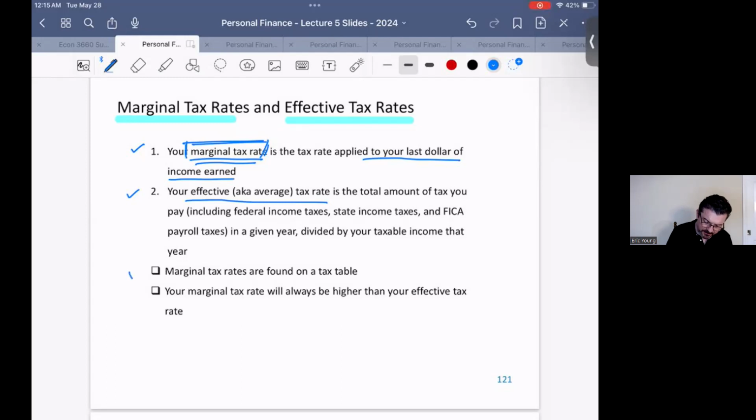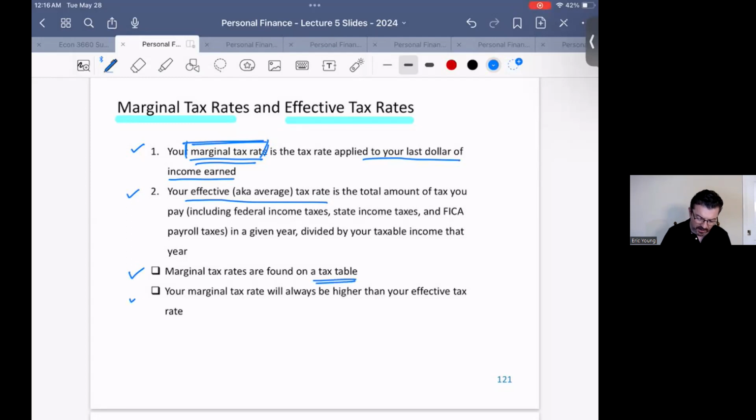Marginal tax rates, they are found on a tax table. We're going to look at that in a moment, and you'll see how it works. So just know that in any given year, for either the federal government or for the states, you can always do a quick search online and find what's called a tax table. And that tax table will show you the marginal tax rates.